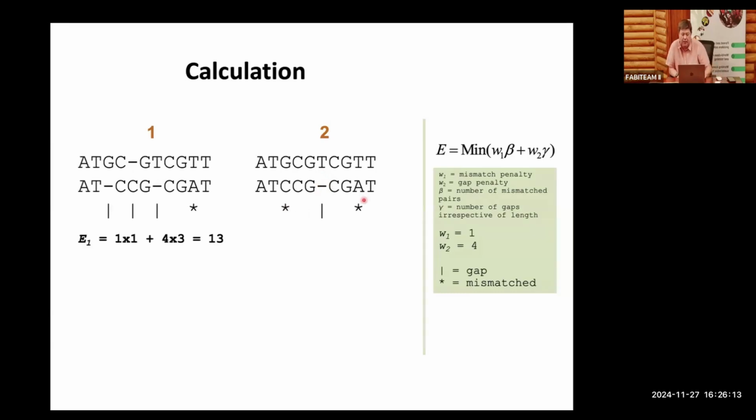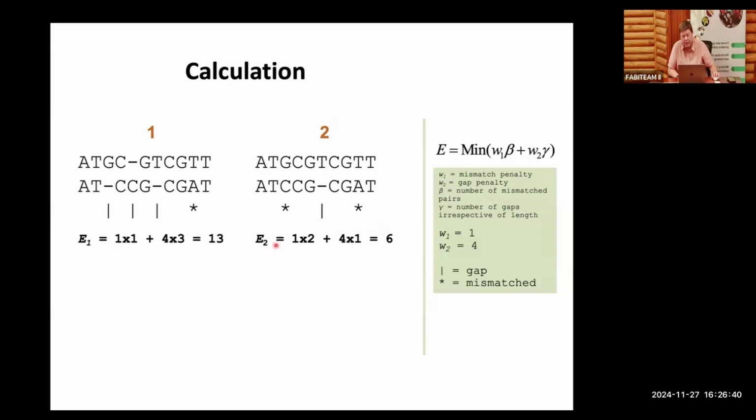If you then calculate this based on this equation here, and I'm not going to go into the details of multiple sequences, it's just an example of 2 sequences, you will see that the E value, or the distance, will be 13 for sequence alignment 1, while it is 6 for sequence alignment 2.